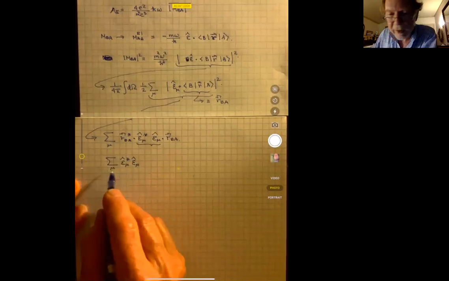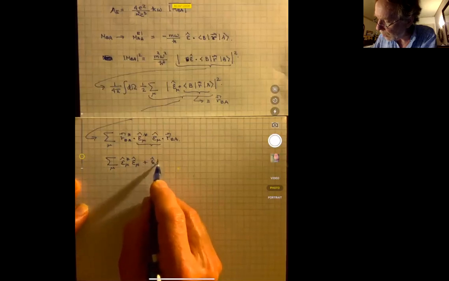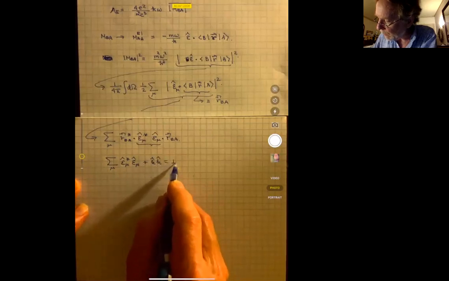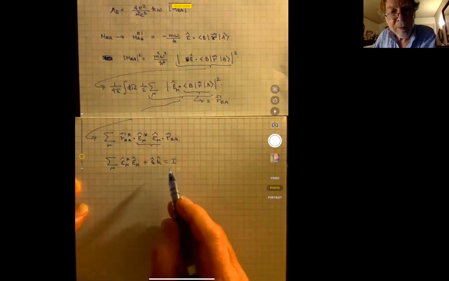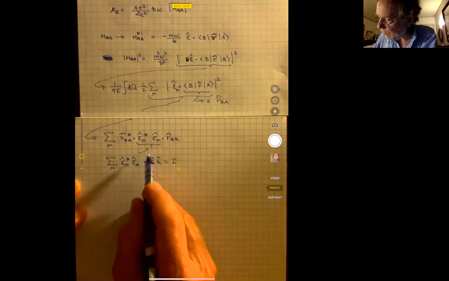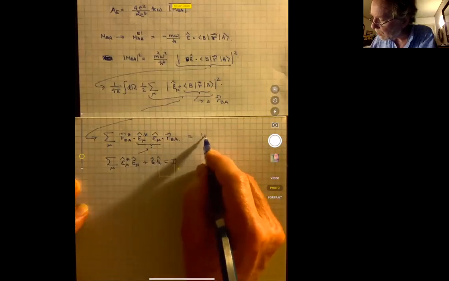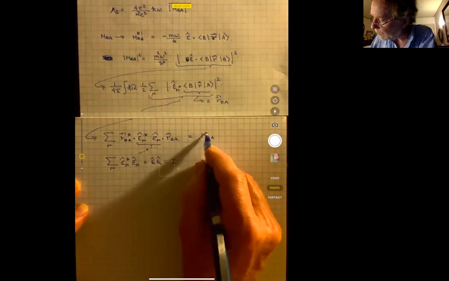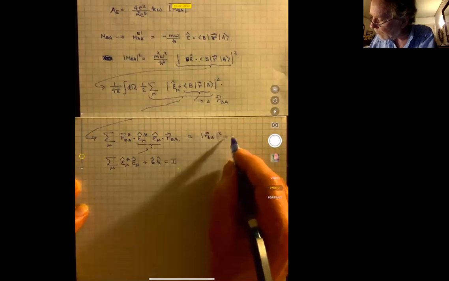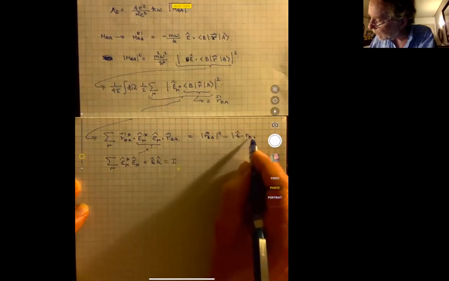This runs only over the transverse polarization vectors, but if I add the longitudinal polarization vector k hat, I get a resolution of the identity in three-dimensional space. And so solving for this term and plugging in there, it's going to be identity minus k k. The result is this turns into the absolute value squared of RBA vector minus k hat dotted into RBA vector, squared.